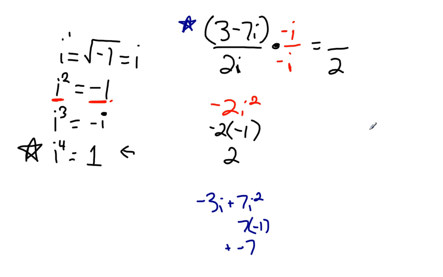Oh, whoa, I don't know why I put a plus in there. Why is it positive 7? Because it's a negative times a negative. Negative 7i times negative i is positive 7i squared. But i squared is negative 1. Oh, so you're talking about the afterwards.